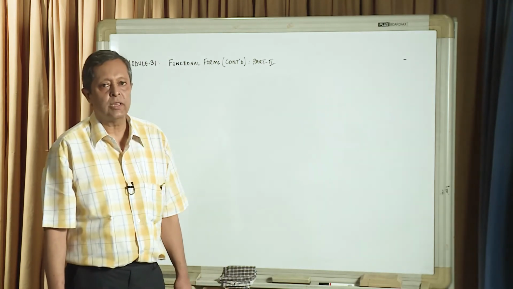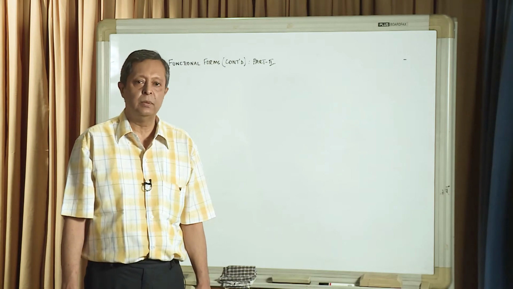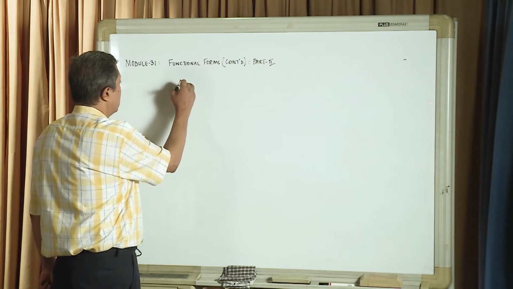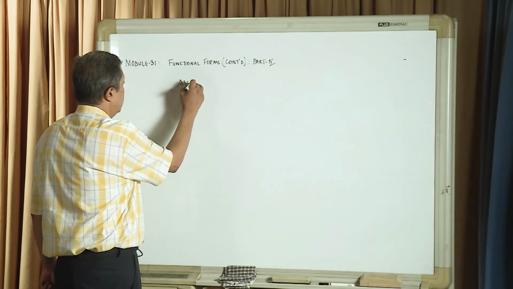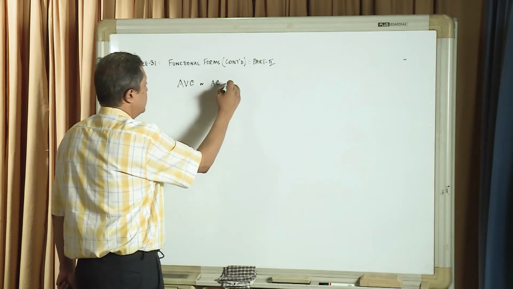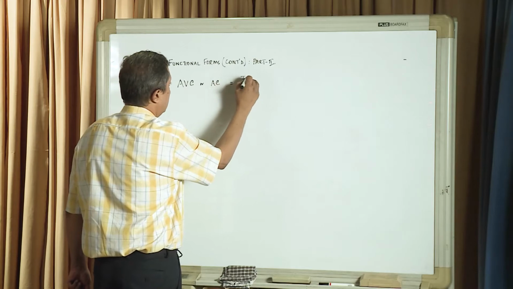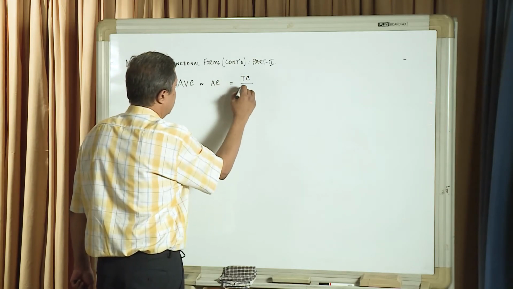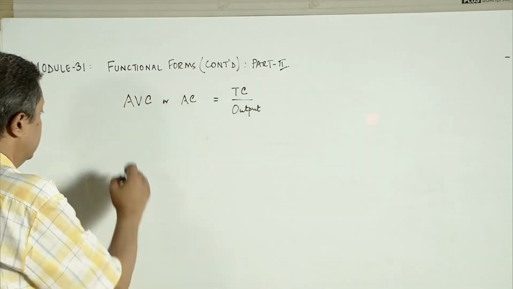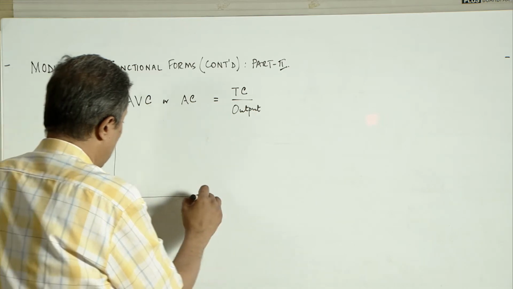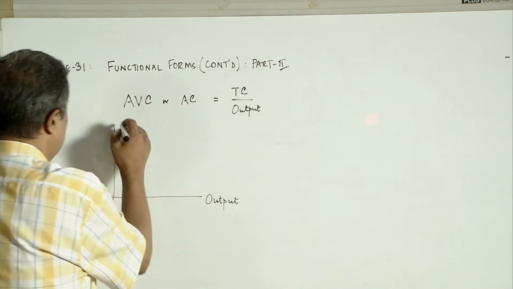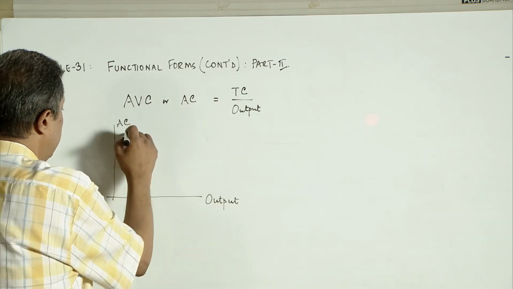We begin with the concept of average variable cost. AVC or average cost is defined as total cost by output, and a typical average cost curve is U-shaped.